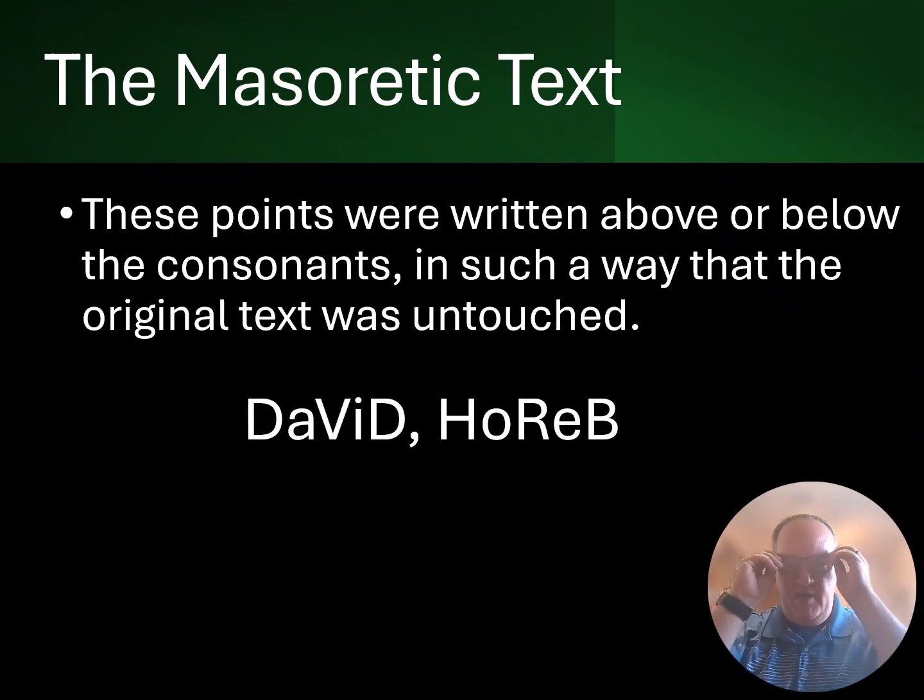So here we have David, and now we have the vowels put in there. And it makes it a lot more readable, easier to read and to pronounce and to understand what the text is saying. Now, of course, I've put this as an example in English, right? But what would it look like in Hebrew?